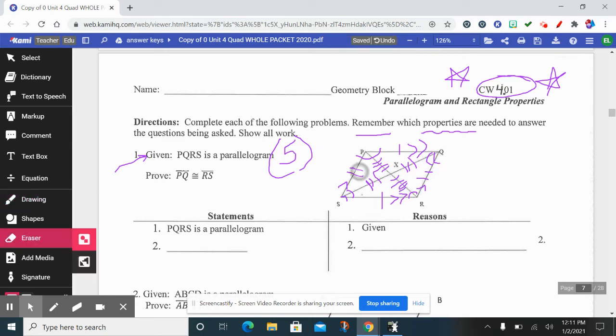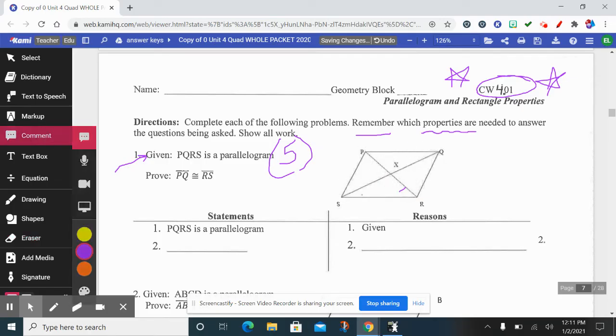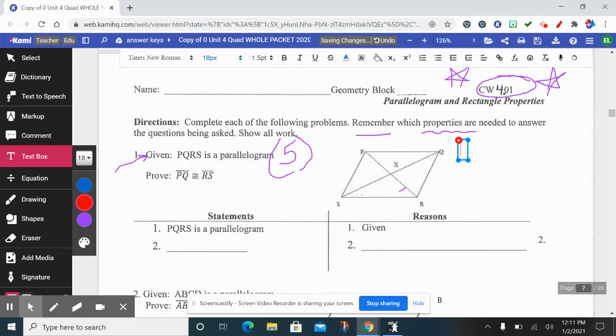So all of those things are true. Now, I don't expect you to draw that in every single time you do this question, but those facts you have to have rolling through your head. So again, opposite sides are equal. Let's type this out for a second. You know, opposite sides are equal and parallel. You know, opposite angles are equal.